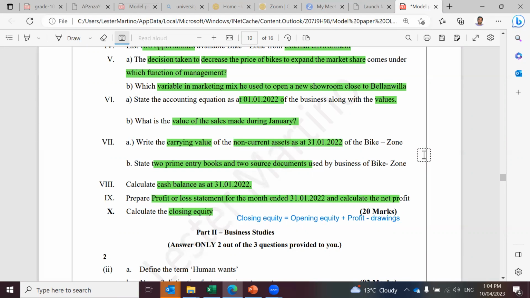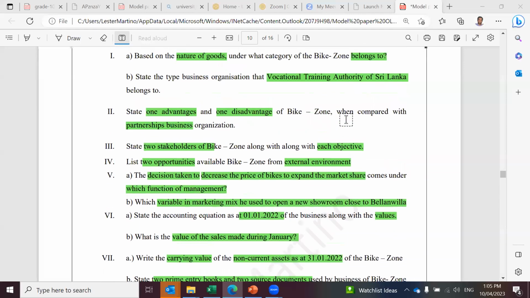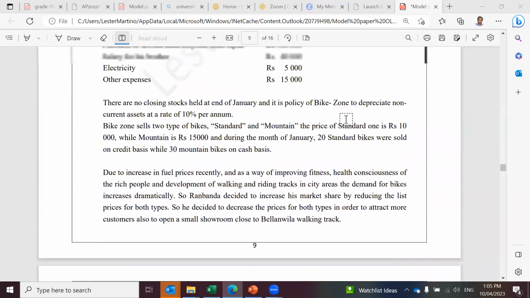Now your strategy is to search for the answers from the case study. That is your strategy. Search the answers from the case study. Is it clear, everyone? Okay, I'll give you time to read.